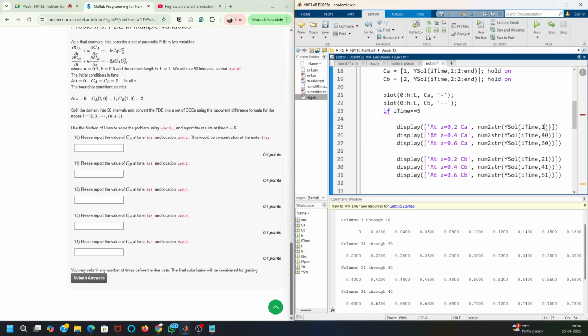This is 19 and this is 39 and this is how much? 14, 15, 15. And these are 20, 40 and 6.